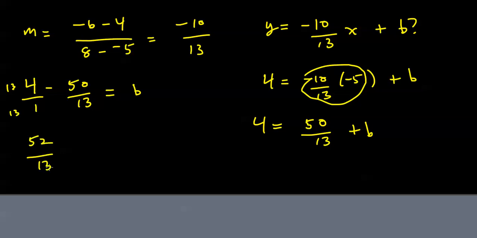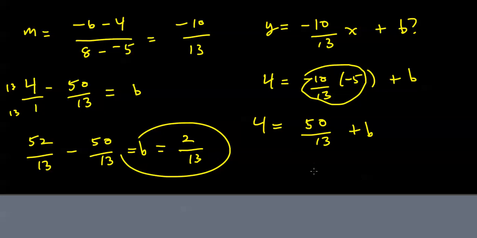I get 52 over 13 then, minus 50 over 13 equals b. And now that I've got common denominators, I can subtract the numerators as indicated. I get 52 minus 50 is 2 over 13. So my unknown y-intercept is 2 thirteenths.